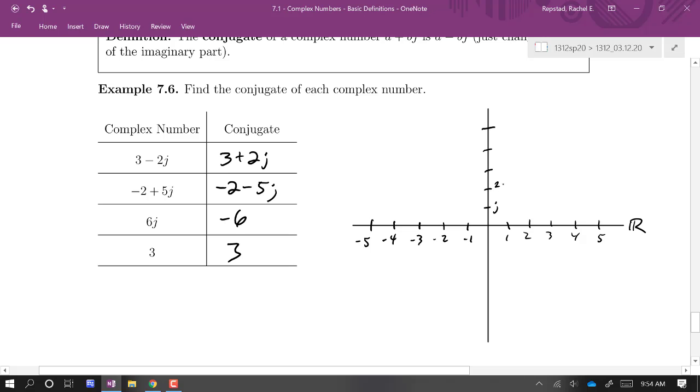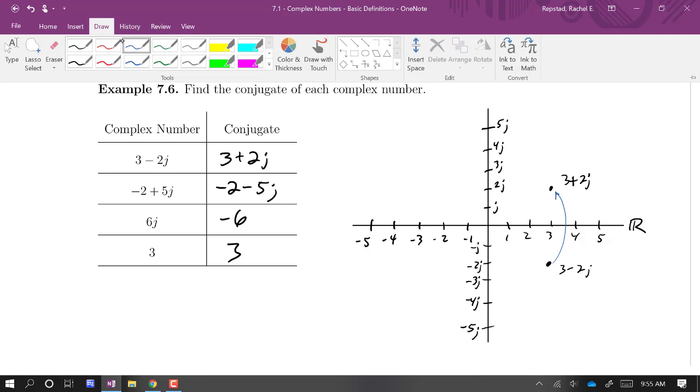So this is j, 2j, 3j, 4j, 5j. The conjugate of a complex number has a nice geometric interpretation. So I'm going to plot 3 minus 2j right here. Its conjugate is 3 plus 2j. Right, so we just reflected it over the real axis.